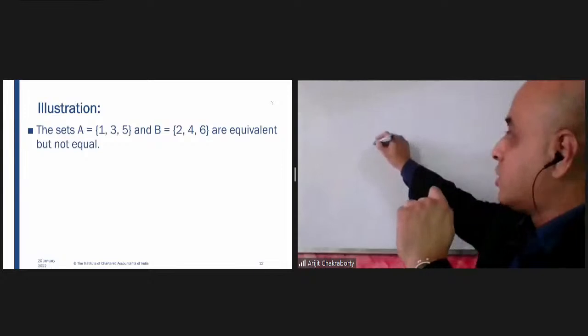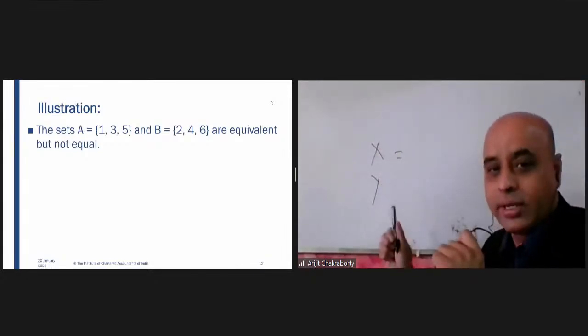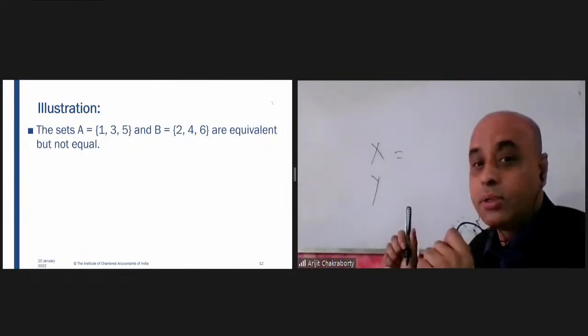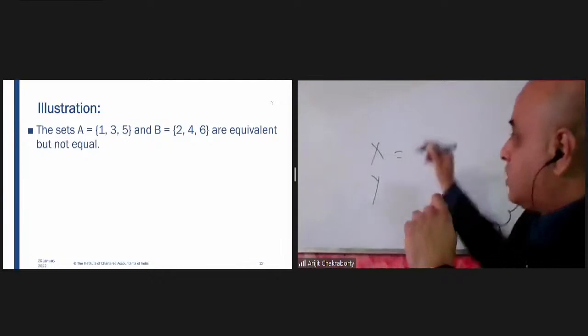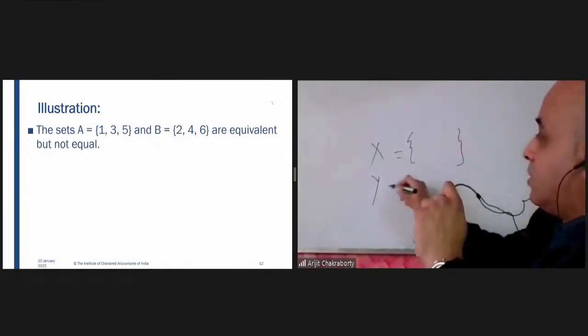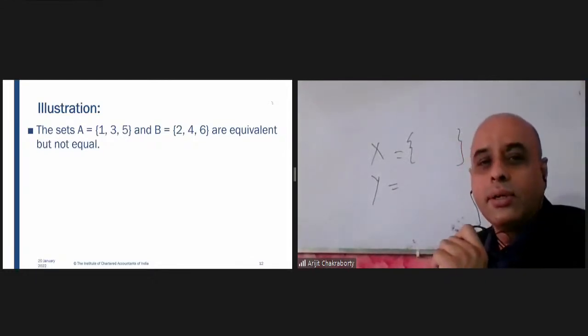I am taking two sets here, X and Y. I'm writing X in capital, Y in capital, using the braces form, the roster form. Let me take any three elements.